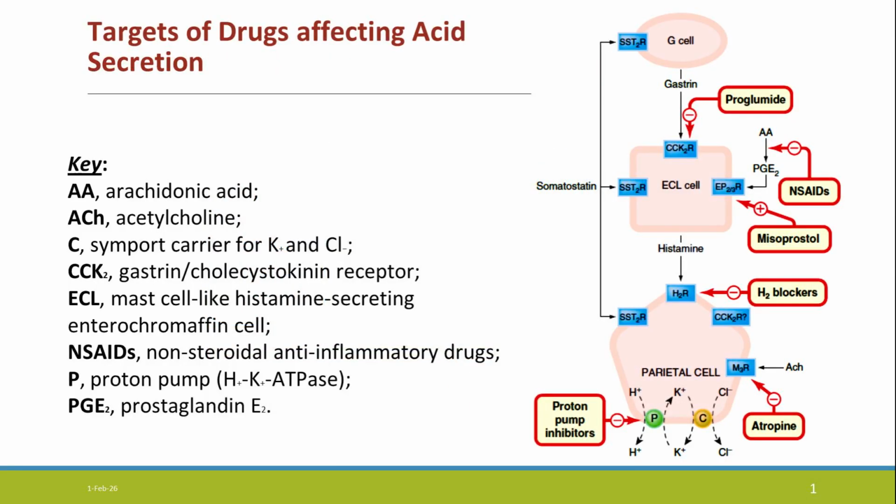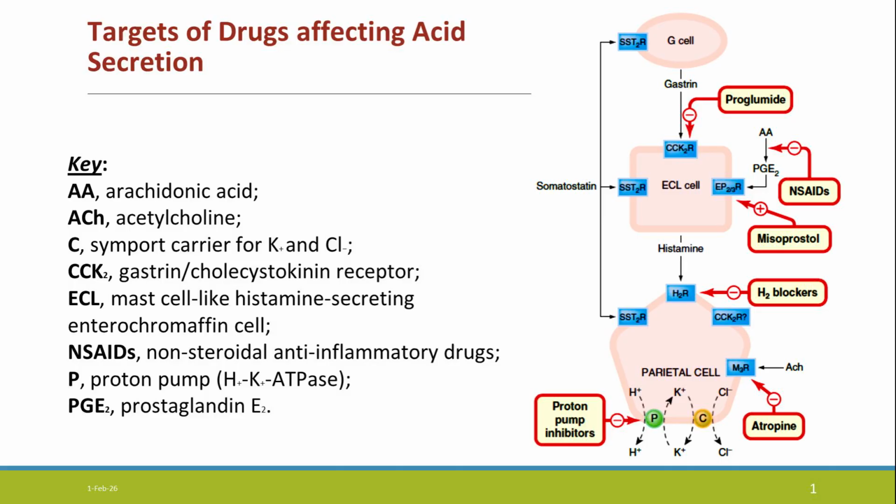The initial step in controlling physiological secretion is the release of gastrin from G cells. This acts through its CCK2 receptor on ECL cells to release histamine and may also have a secondary direct effect on parietal cells themselves, although this is not entirely clear. Histamine acts on parietal cell H2 receptors to elevate cyclic AMP that activates the secretion of acid by the proton pump.